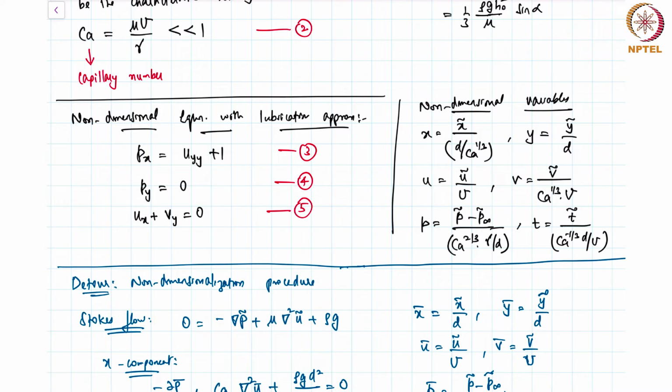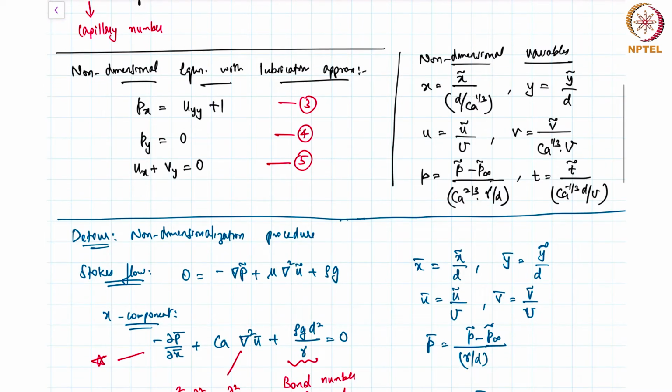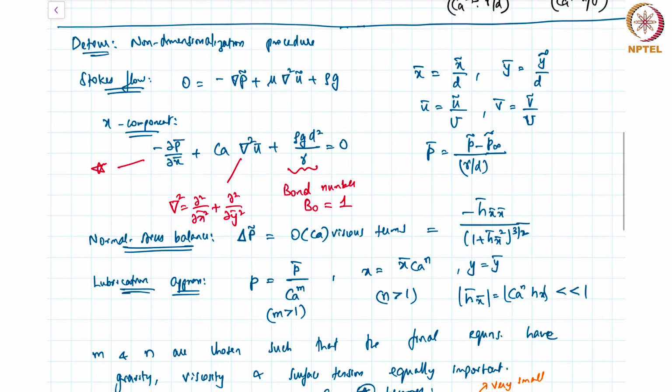This choice of non-dimensional numbers, this capillary power 1 by 3, comes by ensuring that pressure or the capillary pressure, viscous terms and gravity are all equally important. Now equation 3 tells me that the pressure gradient and the viscous forces have the same order of magnitude. That's why we have Px, we have no prefactors in front of them. Px is comparable to uyy plus 1.